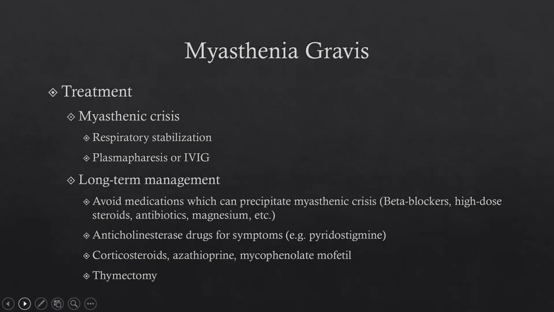Then you can add a steroid-sparing agent as well, whether it's azathioprine, MMF, cyclosporine or methotrexate, depending on whichever is available and whichever one you have experience with, in combination with steroids in terms of long-term treatment. There are newer agents like rituximab, and things like cyclophosphamide can also be used in terms of treatment.